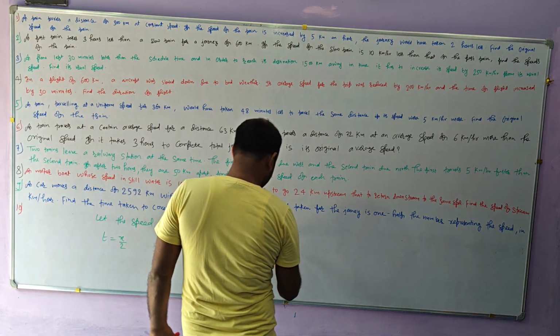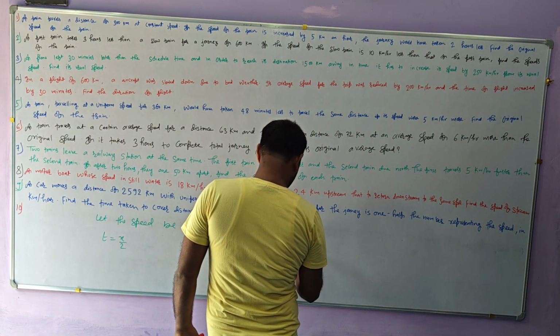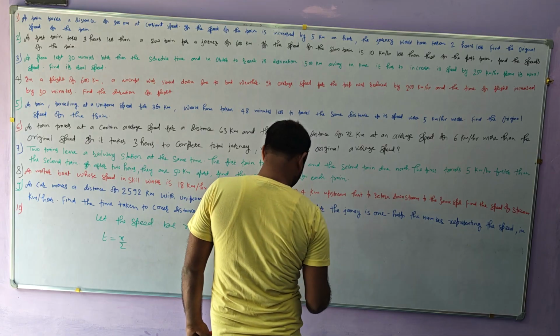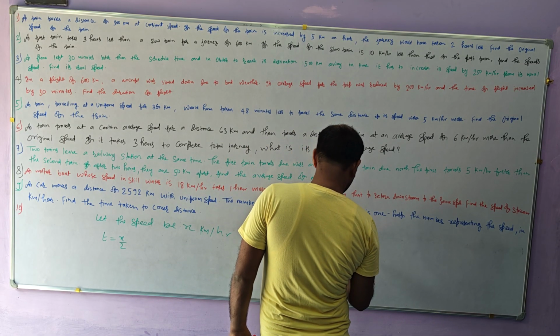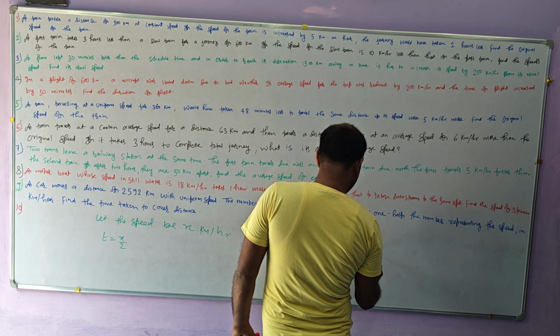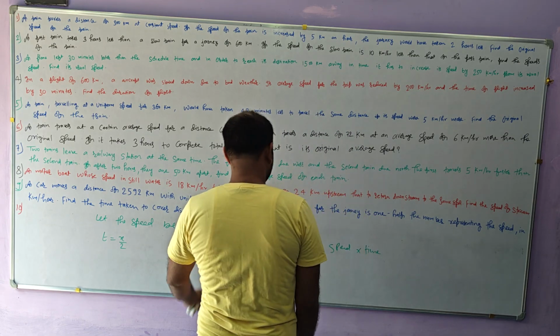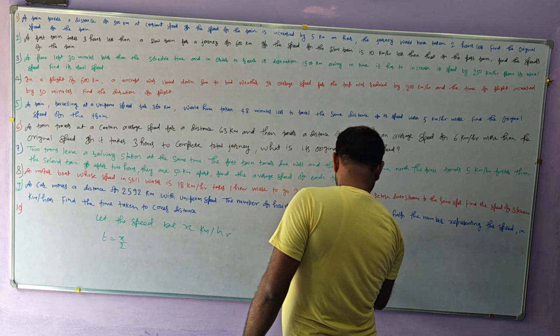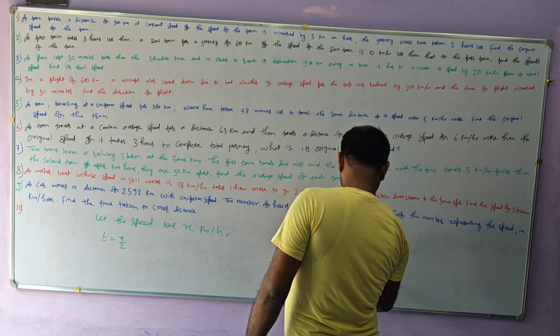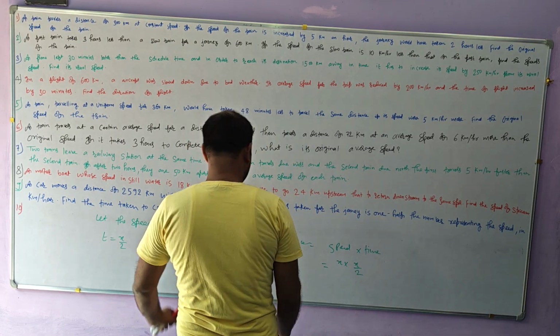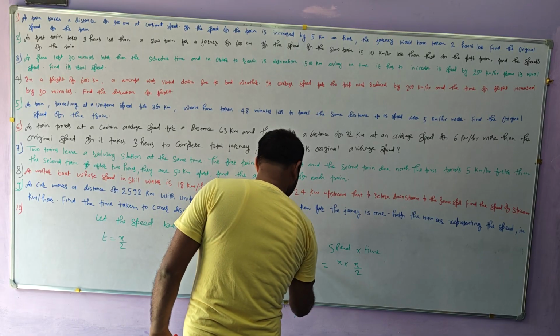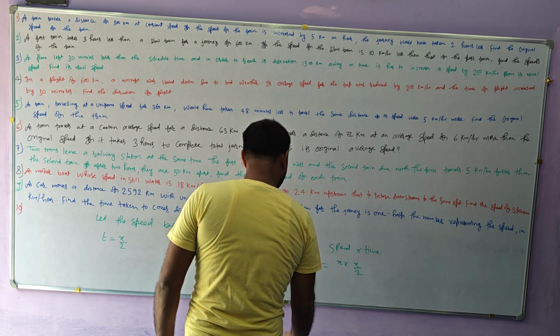So we know distance is equal to speed into time, and we know speed is x, time is x upon 2, and distance is 2592.